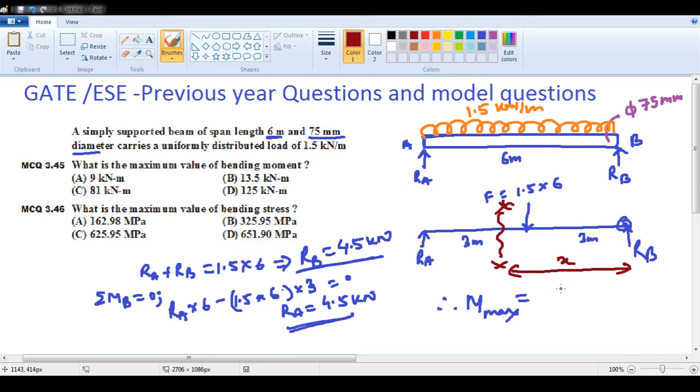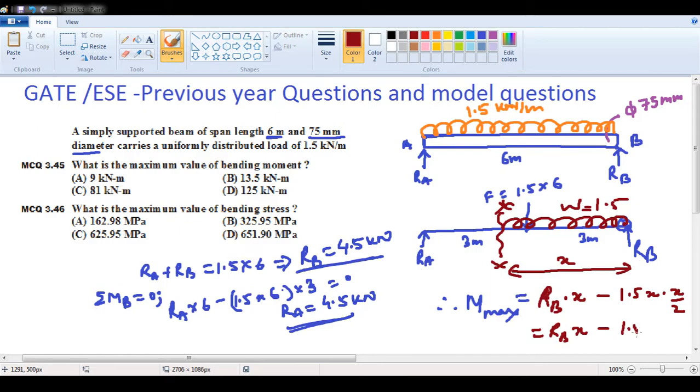So we can say that RB into x minus the load, which is 1.5, at a distance x, into x by 2. So this will be RB x minus 1.5 x square by 2.